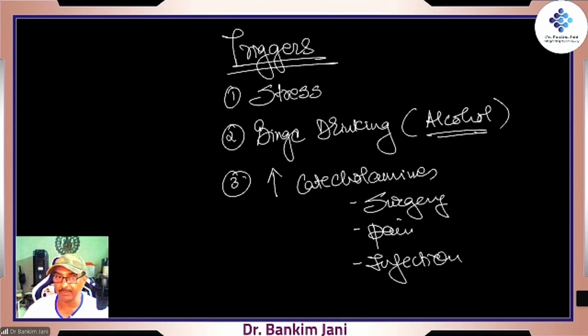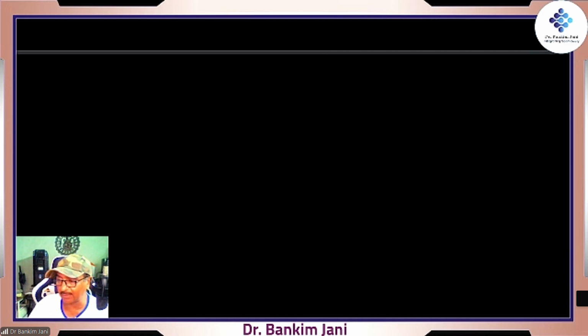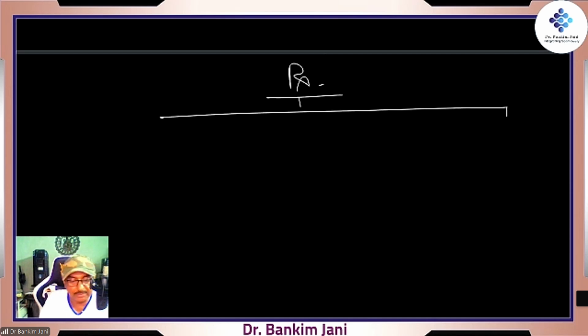And if that atrial fibrillation is not coming under control, then you need to handle it. That is what is called the treatment. What are the things which you have to do? In just one simple table, I'll explain this.